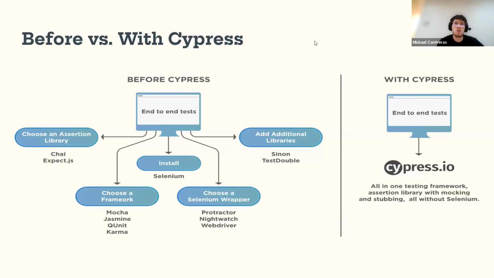Here's a quick visual just to show what we just talked about. Before Cypress, end-to-end testing meant stitching together multiple libraries: a test runner like Mocha, an assertion library like Chai, something like Selenium to drive the browser, and maybe extra tools for mocking and stubbing. It worked, but it was a lot to glue together. When something broke, figuring out where was half the battle. Cypress came in and wrapped all of that into one framework in a neat little package.